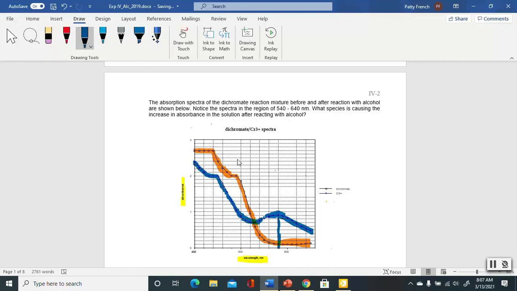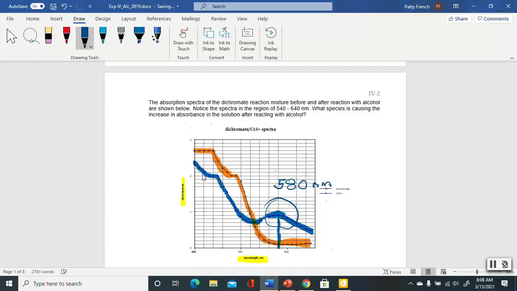Now that's very significant because once again, we are trying to find the wavelength where we get the maximum absorption of chromium 3 plus at the same place we get the minimum absorption of the interference, or dichromate. And it would appear that that's going to be right around 580 nanometers.